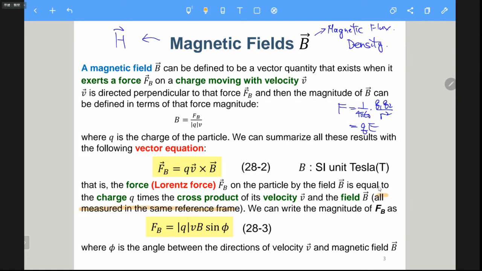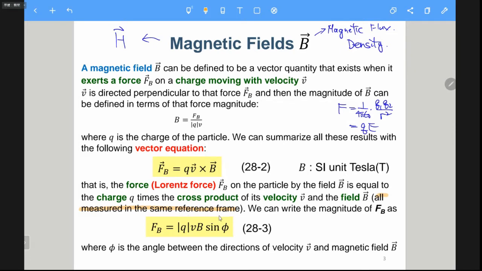So yeah, for physics students, I actually don't really care about it, but we assume the field and also the velocity are measured in the same reference frame.